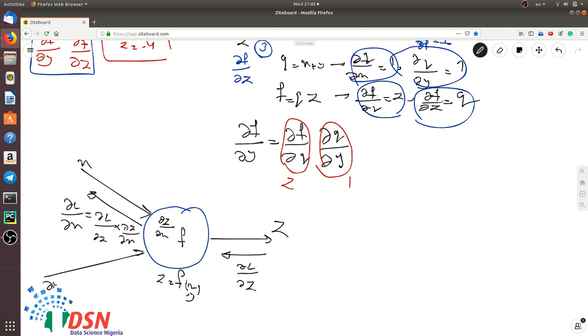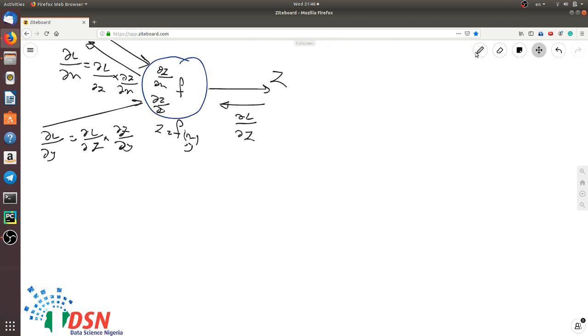Okay, and similarly for y we could write it is this guy times the derivative with respect to y. Okay, so now we have all the things for backpropagation.